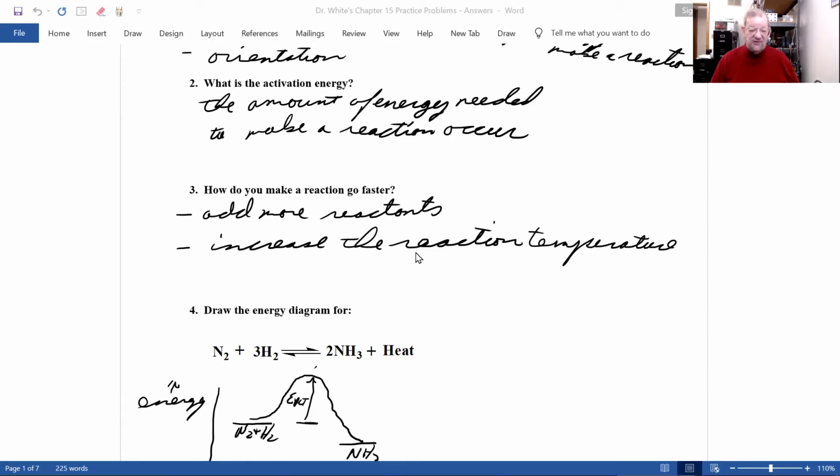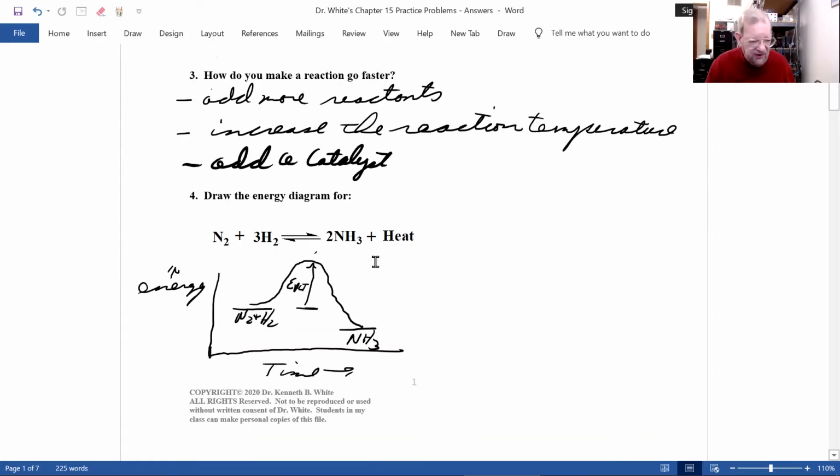You can increase the reaction temperature. And you can add a catalyst. Those would all be proper.